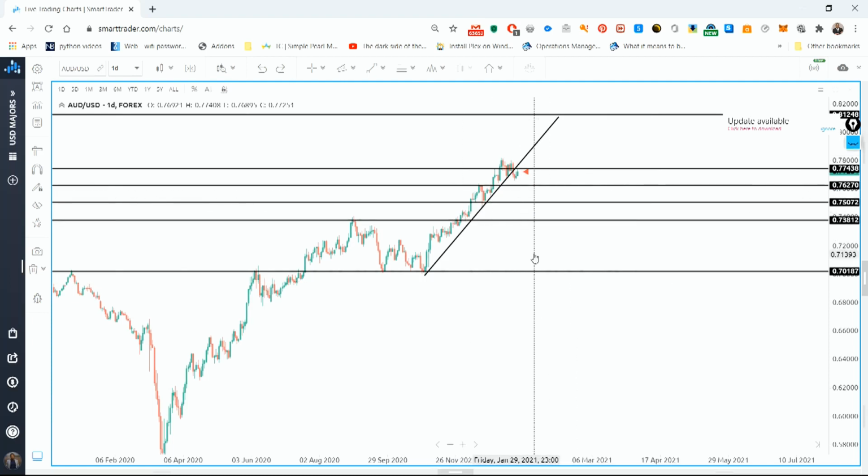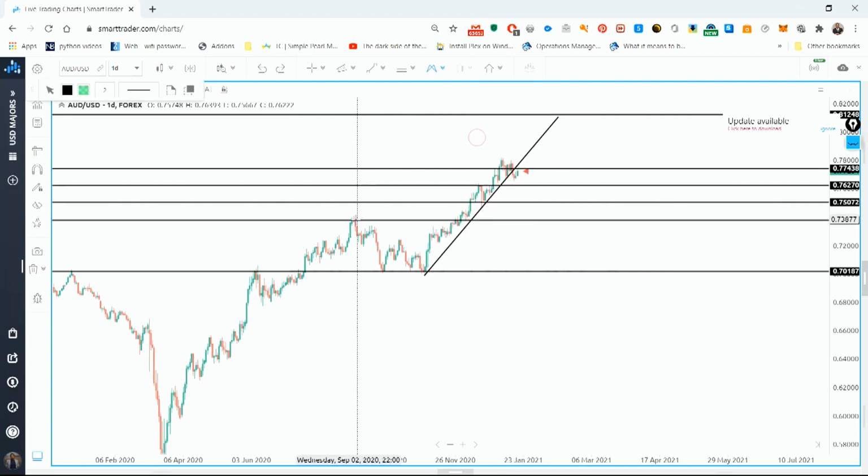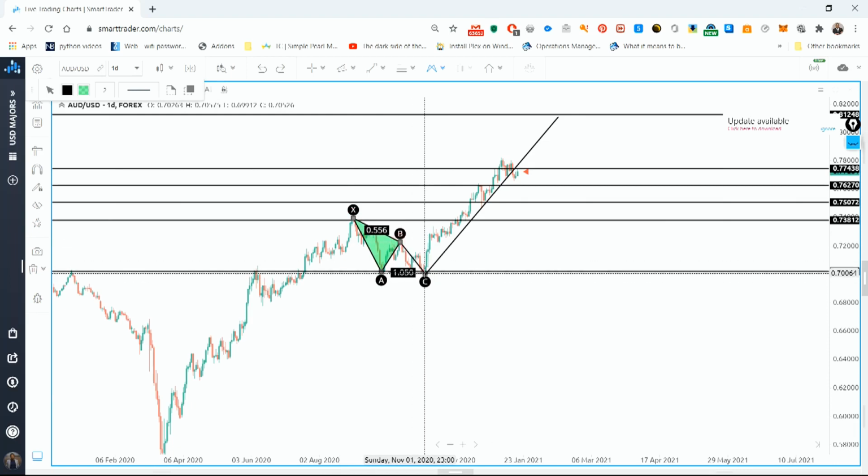So what we are looking at, I have this XA, the XABCD pattern. Based on this price structure, I do expect price to pull back.